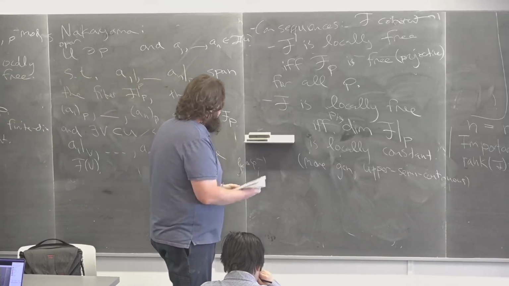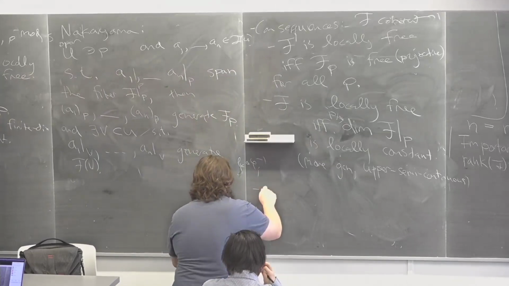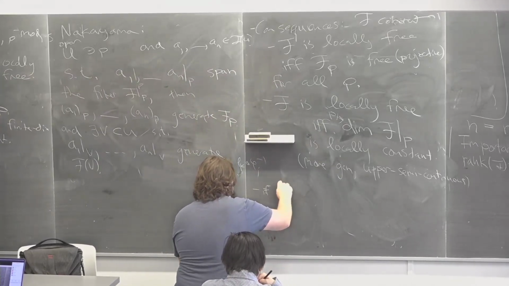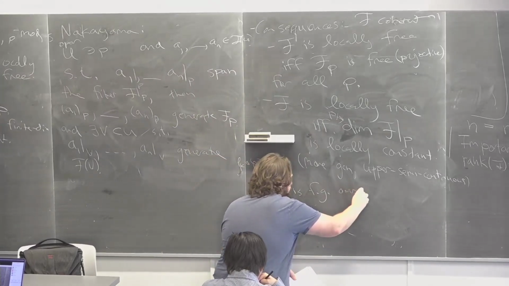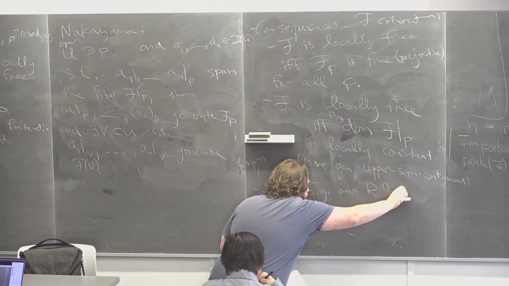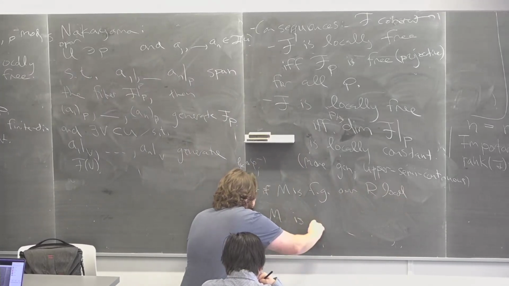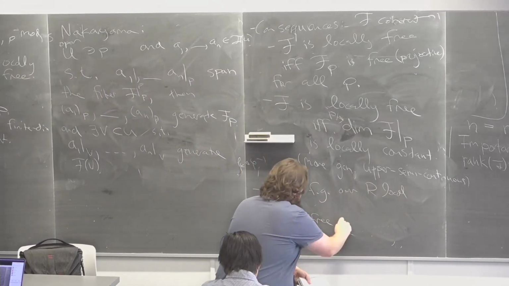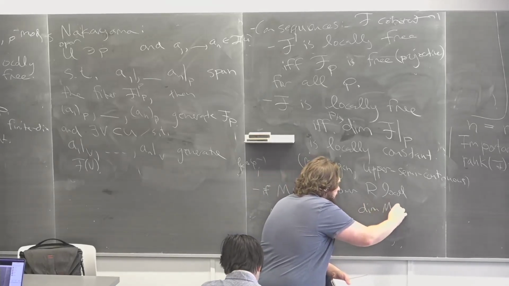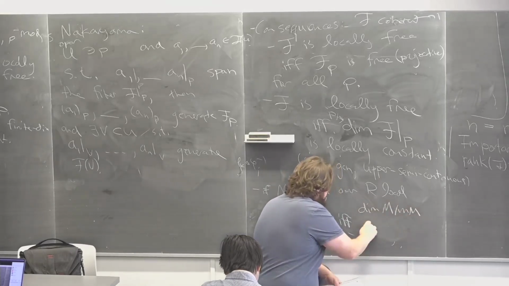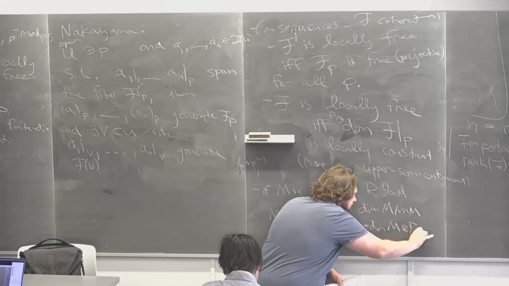A very common thing you'll use, that this is the geometric incarnation of, is: if M is finitely generated over R local, then M is free if and only if the dimension of M mod the maximal ideal is equal to the dimension of M tensored with the fraction field.